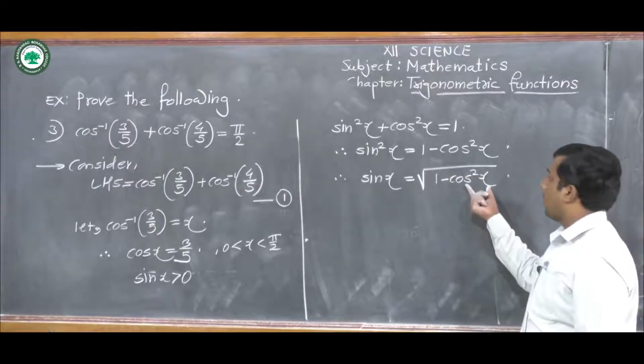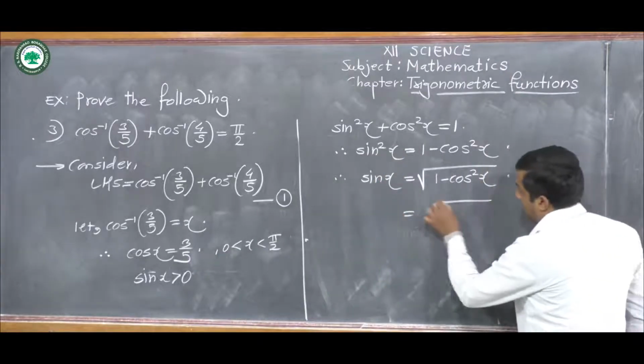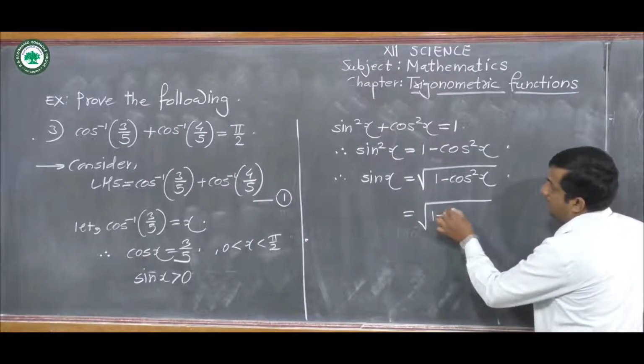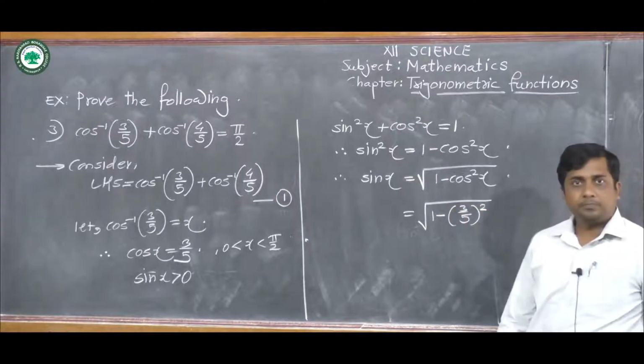Now we know cos x is 3 upon 5. So I write this as the square root of 1 minus (3 by 5) square.